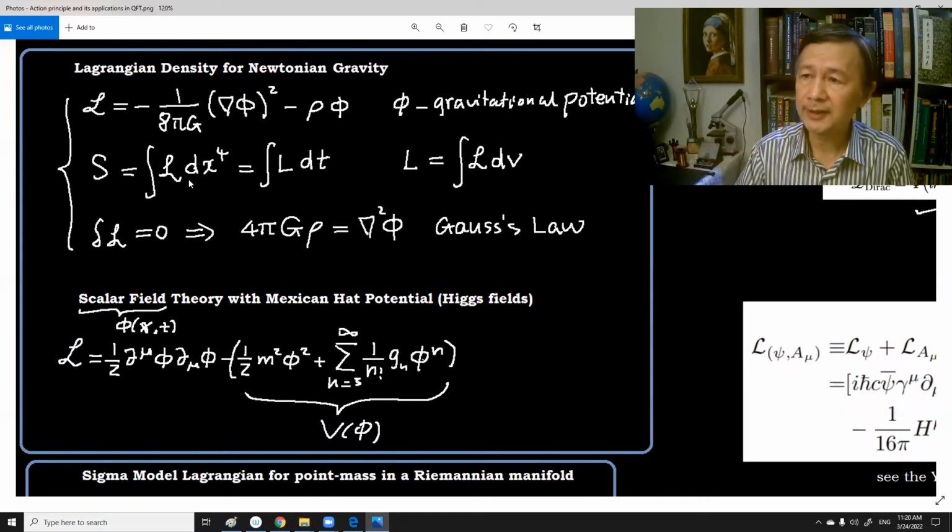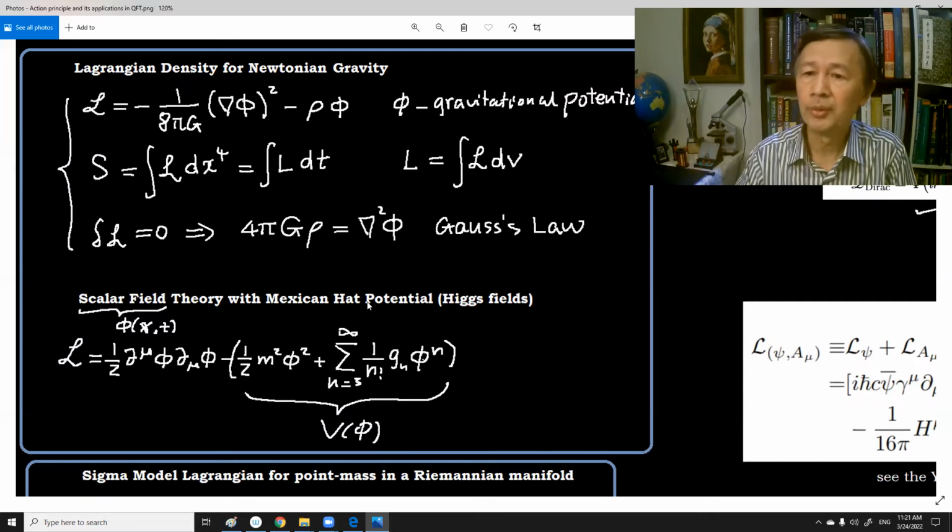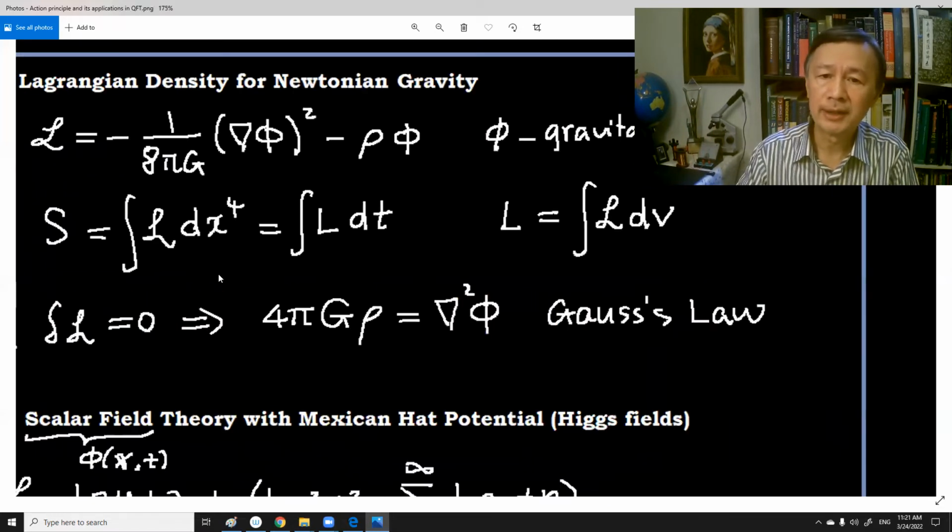In this case, the field was treated not necessarily as an independent physical being. Rather, it's just the variation of certain quantities in space. So in this way, we can actually derive the Maxwell equation, or sorry, Gauss law. We can derive the Gauss law by using this least action principle.